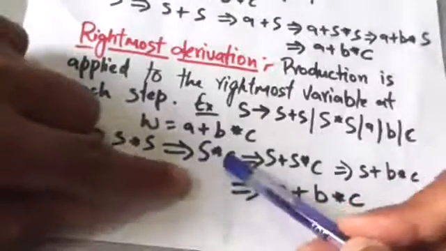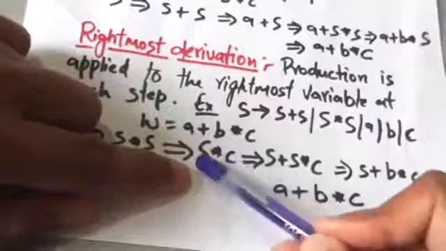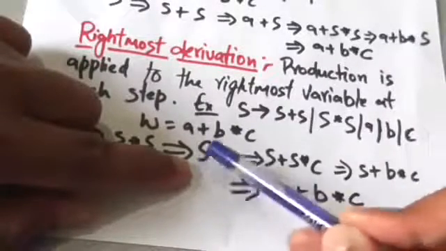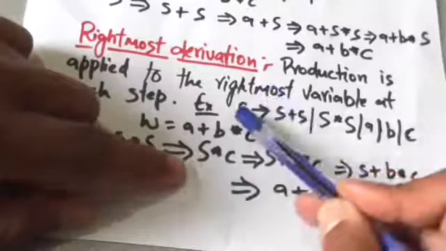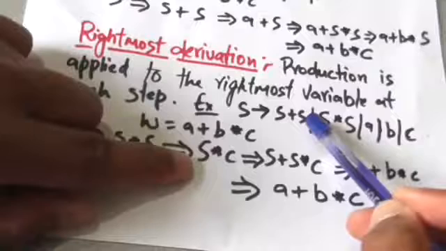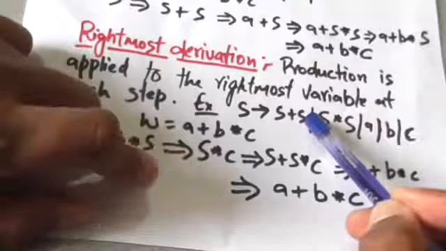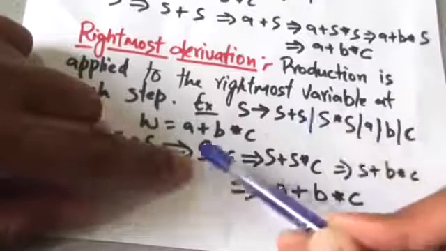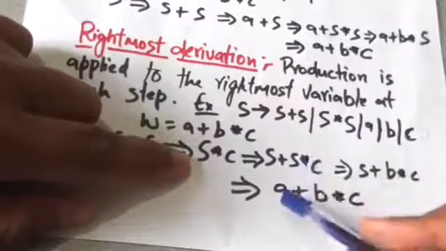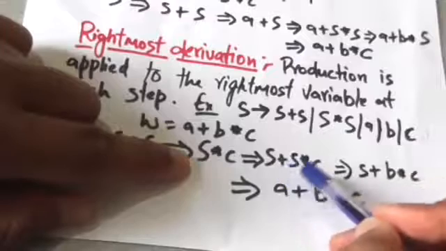Now in this expression, I have applied the production rule S derives S plus S. So this S is replaced by S plus S. Again, I have two options.